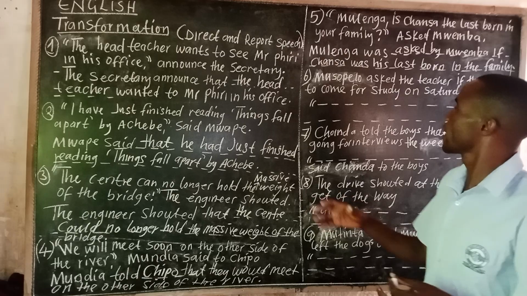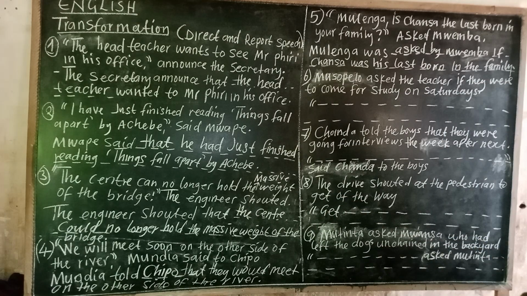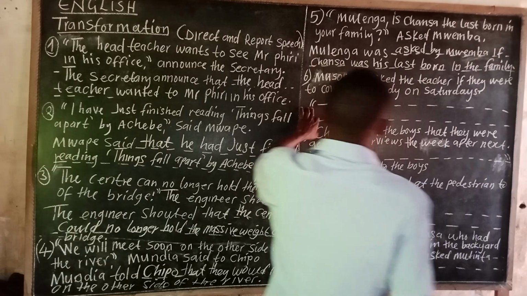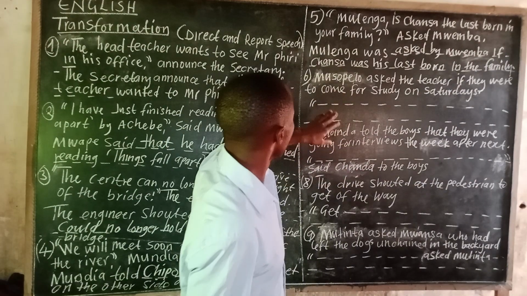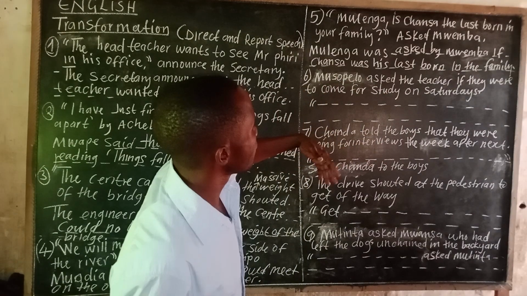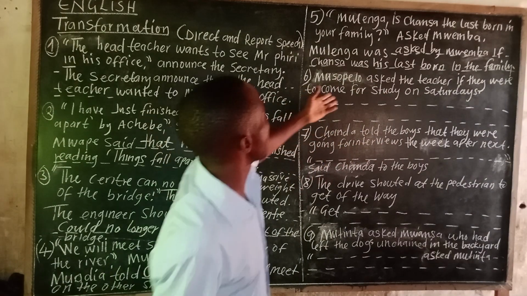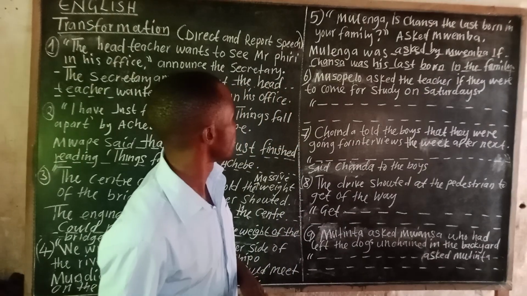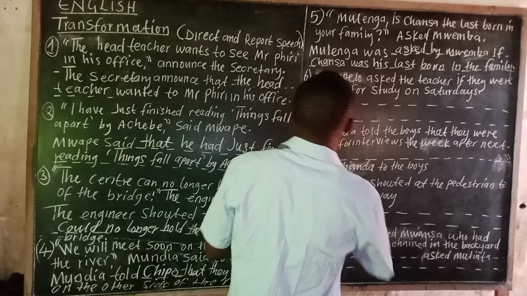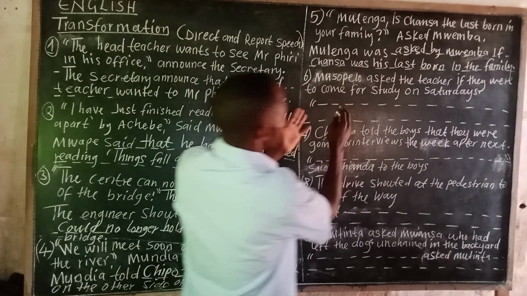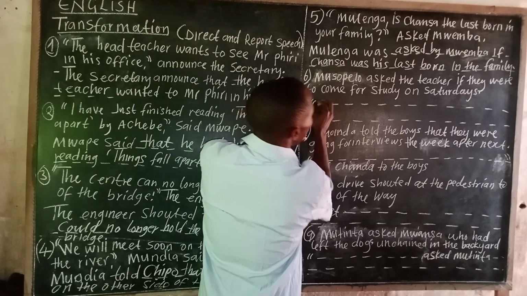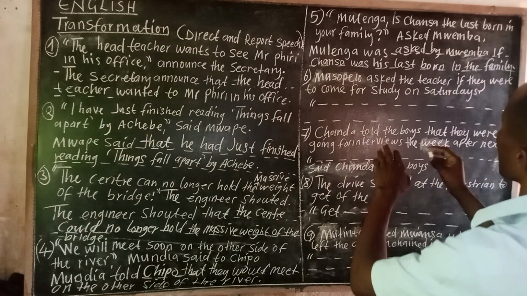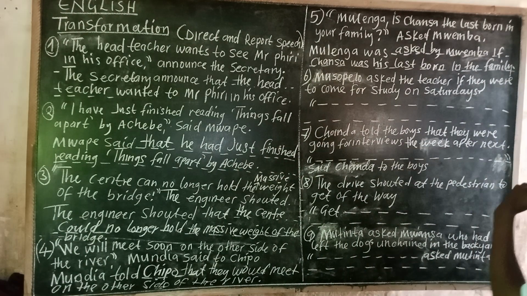Then here there is only inverted comma. We are starting with the inverted comma. Now, we need to write the direct speech of this report. Okay? Musopela asked the teacher if they were to come for study on Saturdays. So this is Musopela. So here, how you are going to phrase that question, because that is a question. In direct speech, you say, so you say now, Are we to come for study on Saturdays?